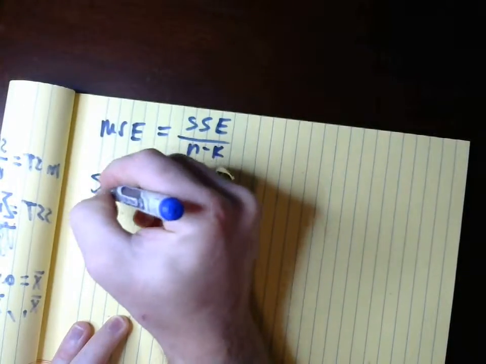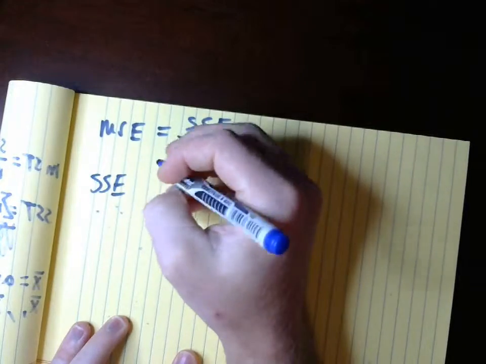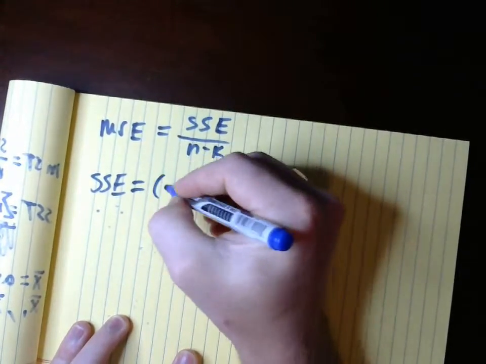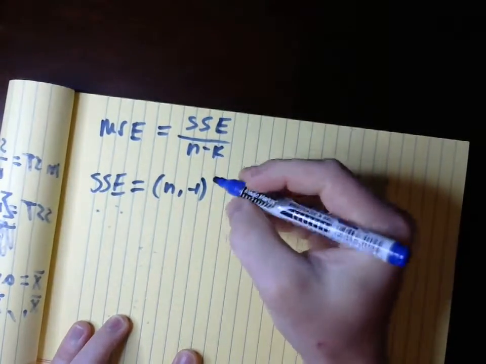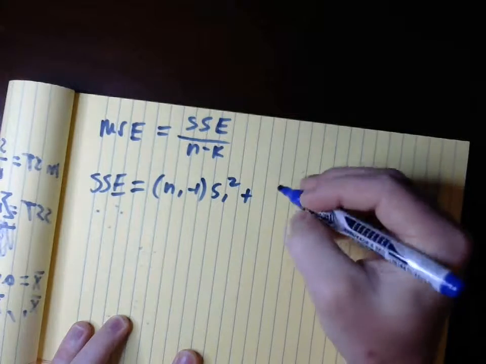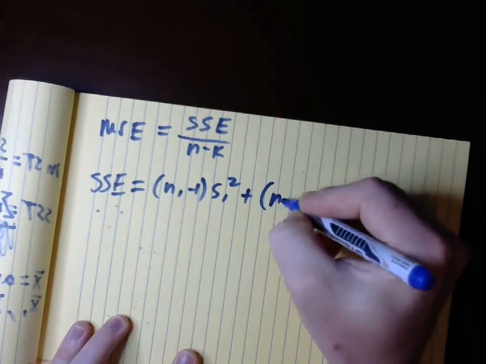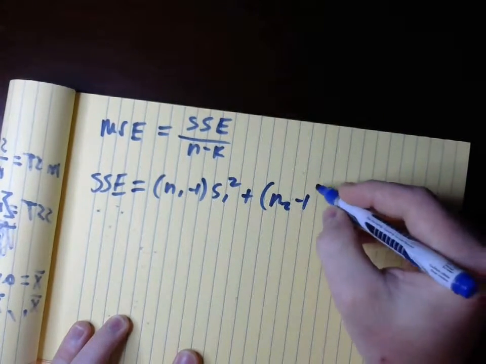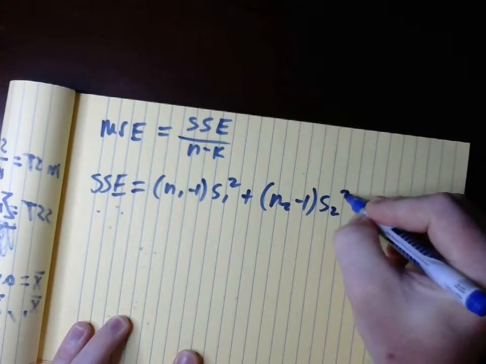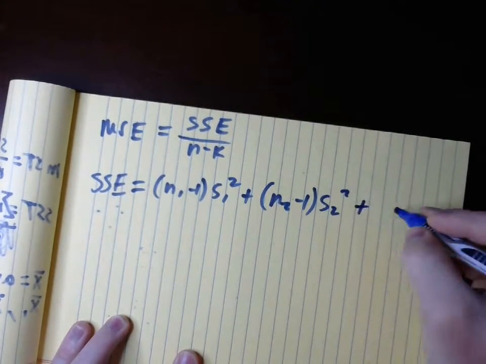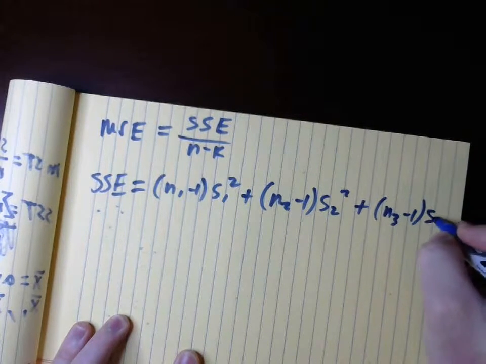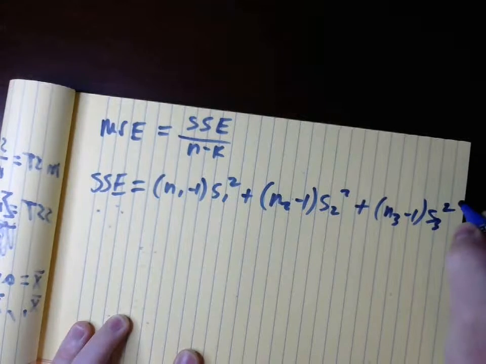So the SSE is defined as n1 minus 1 times s1 squared plus n2 minus 1 times s2 squared plus n3 minus 1 times s3 squared.